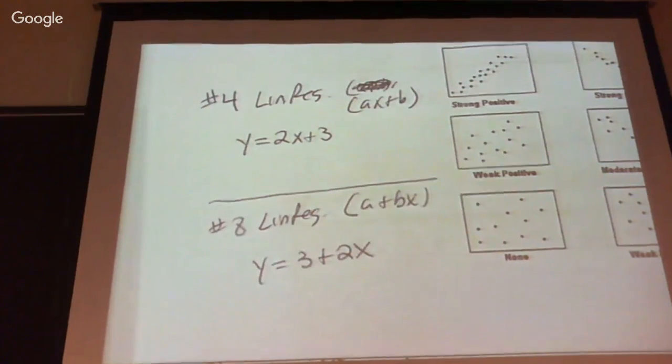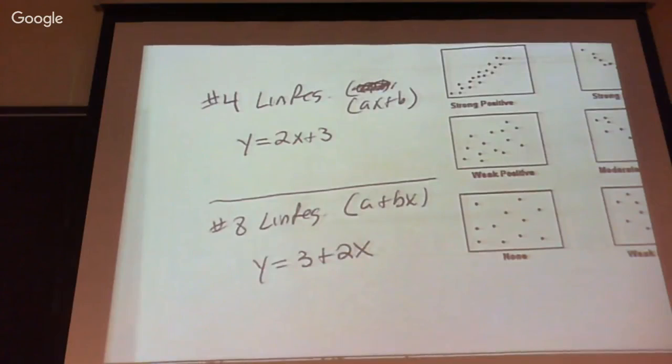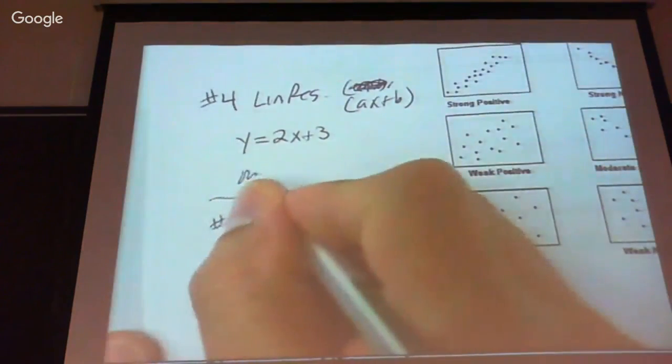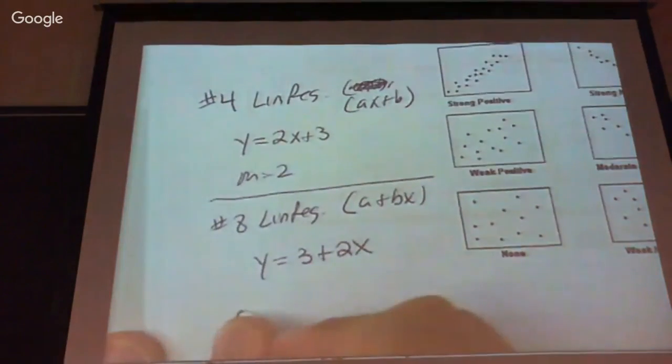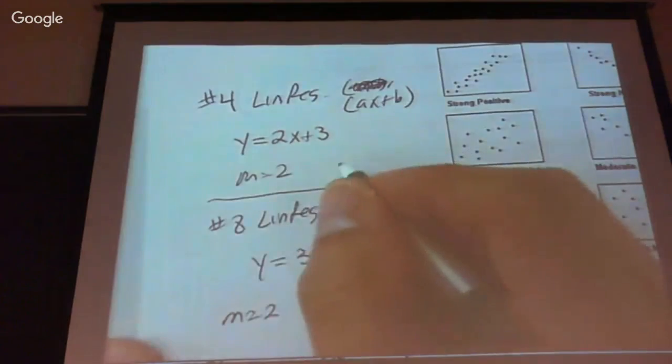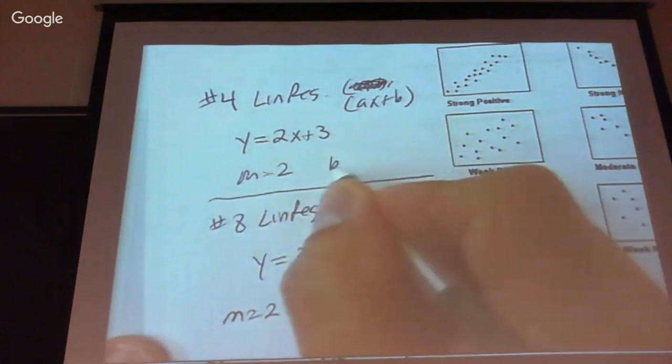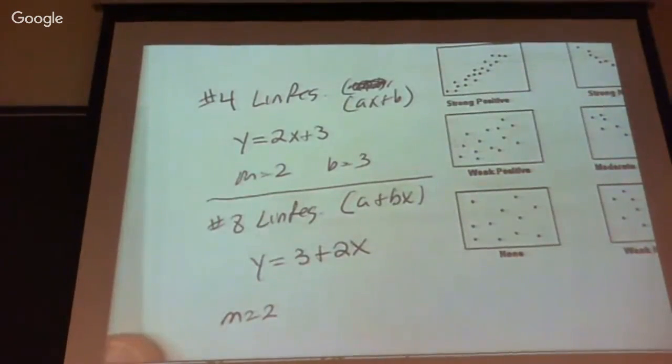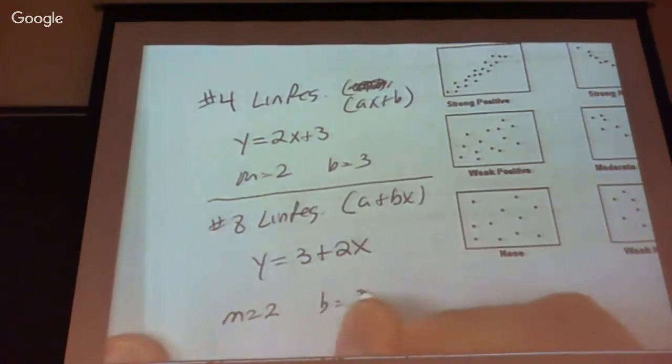What do you notice? They're exactly the same. In the first example, the slope is 2. In the second example, the slope is still 2. In the first example, the y-intercept, you remember y equals mx plus b. The y-intercept is b, which is 3, and here the y-intercept is still 3.